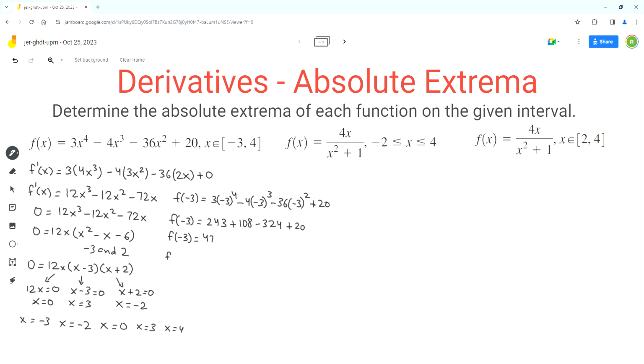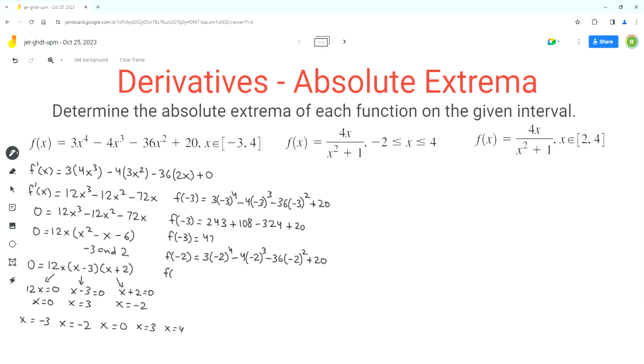So f at -2. We sub in x as -2 in the given function. So 3 times -2 exponent 4 minus 4 times -2 exponent 3 minus 36 times -2 exponent 2 plus 20.